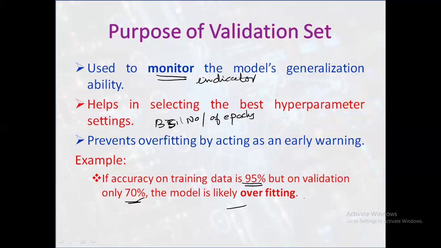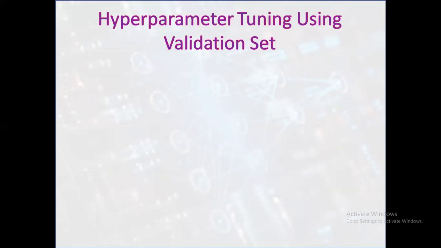How much percentage, 95 minus 70? So approximately 25 percent. This is a large gap. Validation performance thus acts as a checkpoint to detect and prevent this problem.